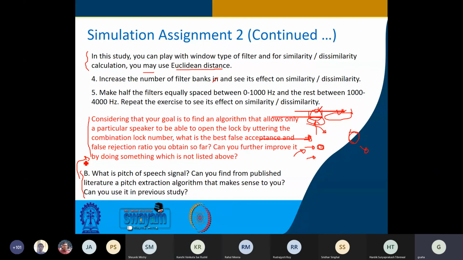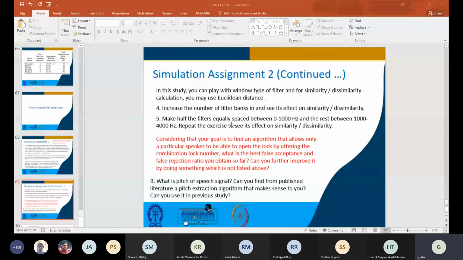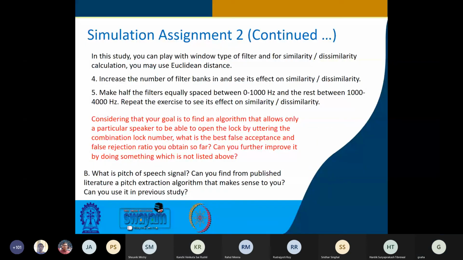Sir, should all the groups select a particular speech of a particular person, or is it up to us to select from all the 4 samples? It's okay. If you have 2 boys and 2 girls, it is fine. Because the number of girls is usually less, I could otherwise have told that from each group you can have a different kind of thing, right?